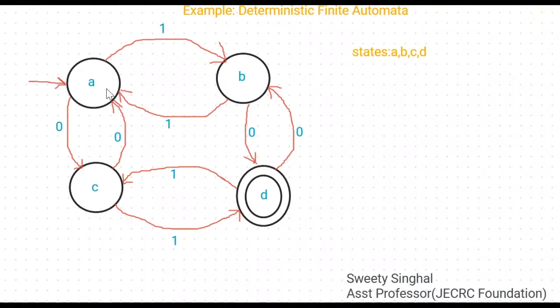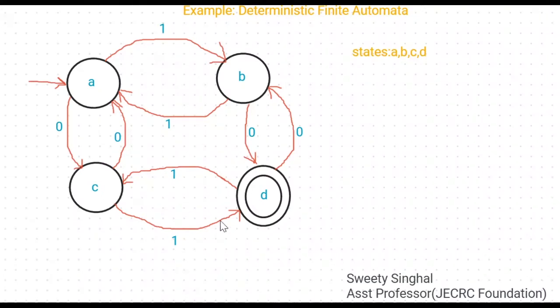If I am getting input 1 at state A, then my state goes from A to B. As you can see, for the input 1 at the state A, the flow goes to B. Similarly, if I am getting 0 at the state A, it goes to C, and similarly all other transitions.